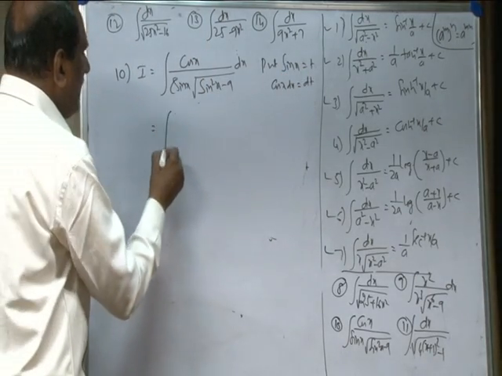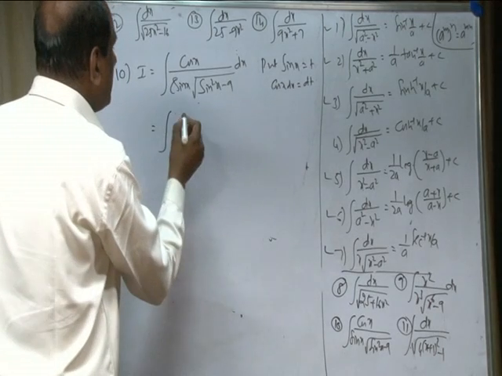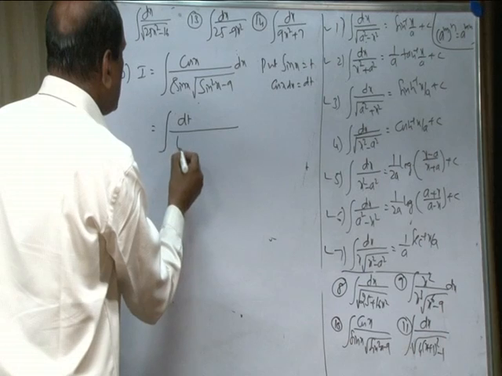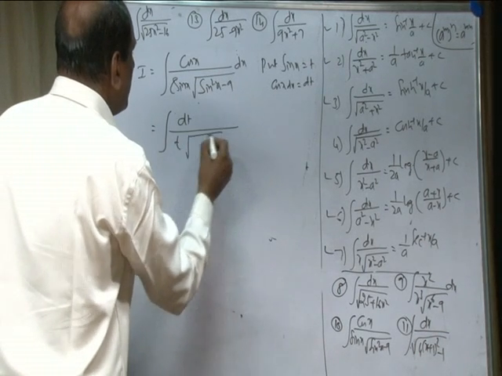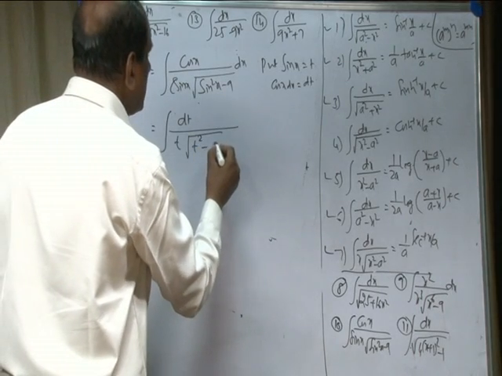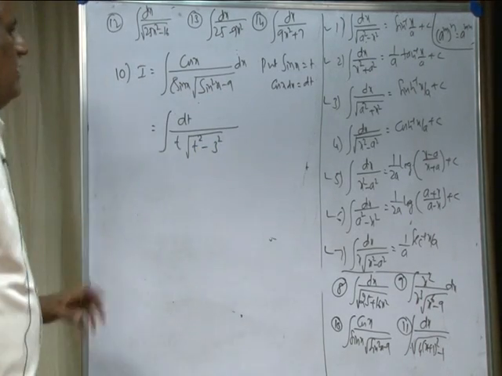Now, the given integral, cos x dx, can be written as dt, divided by sin x which is t, into root of t square minus 9, where 9 is 3 square.